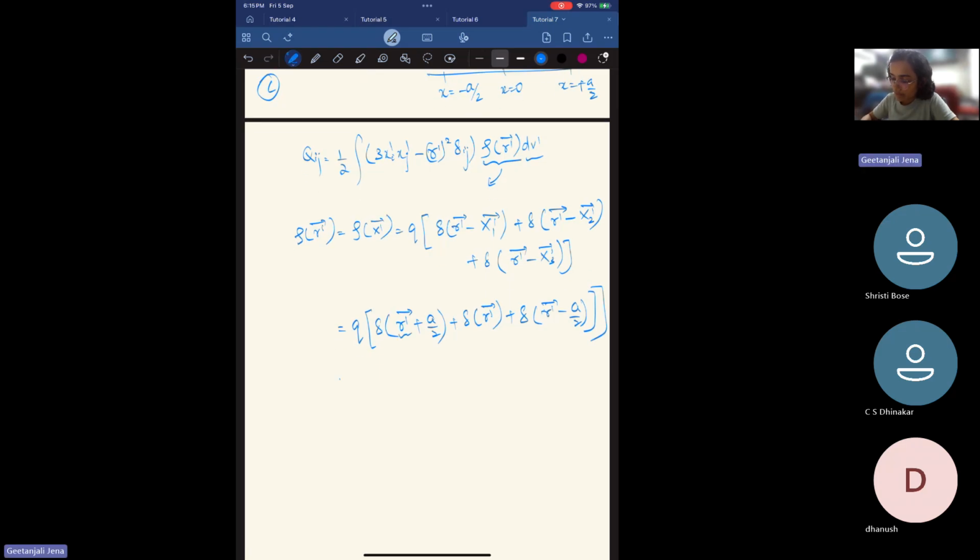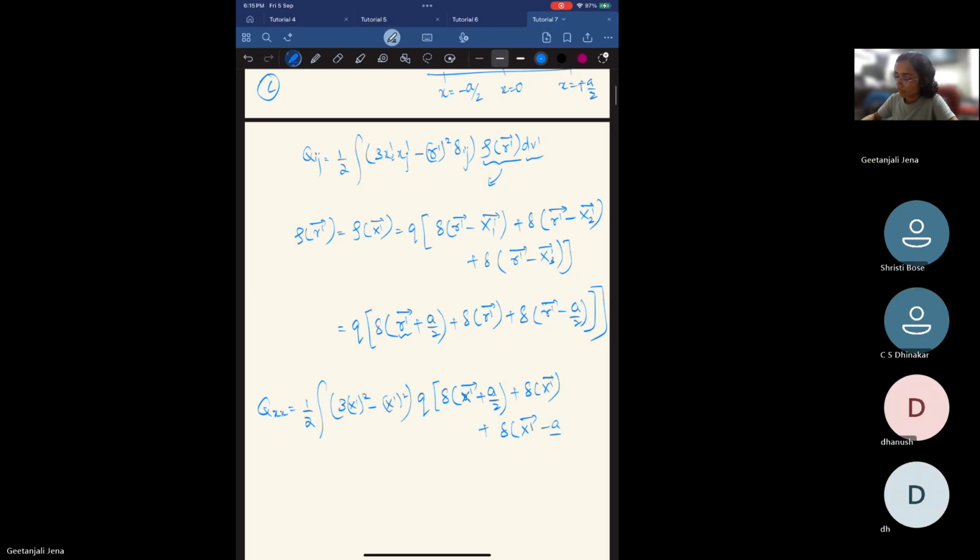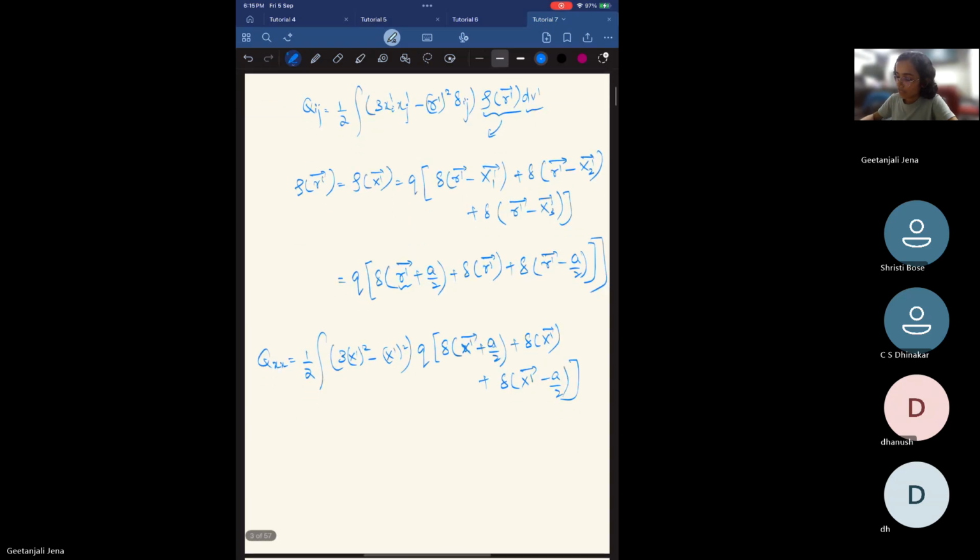So r prime is nothing but x prime. So let us see what is qxx now. So this will be half integration p x prime square minus x prime square rho r, which is delta x prime plus a by 2 plus delta prime minus a by 2, dx prime.